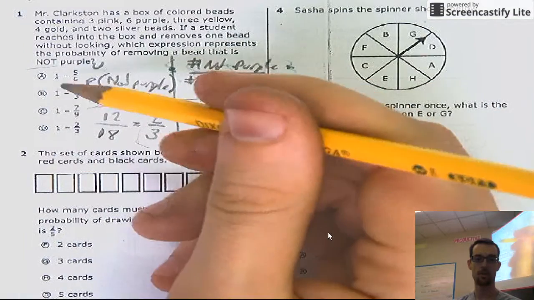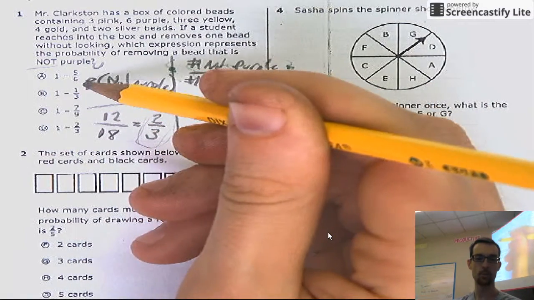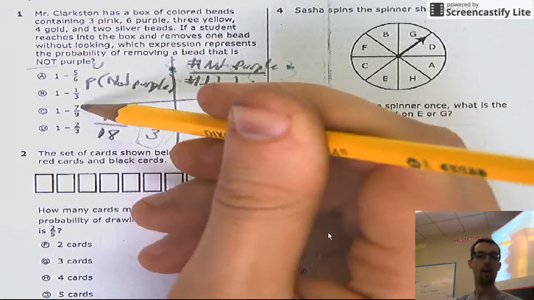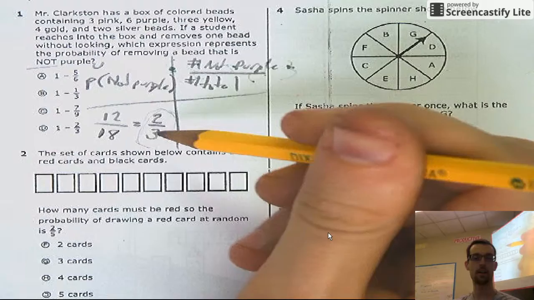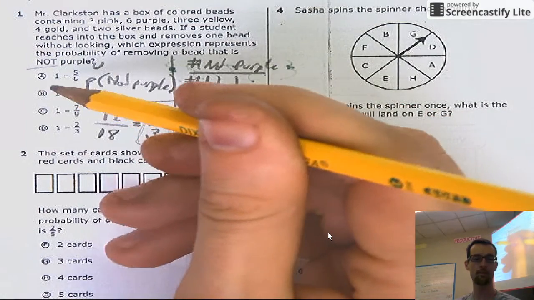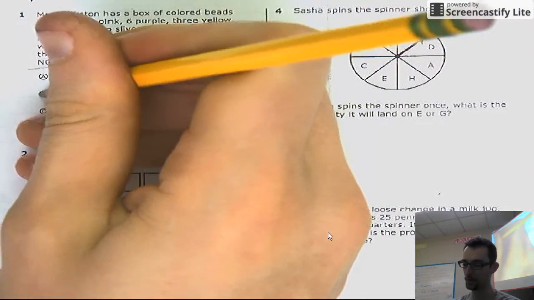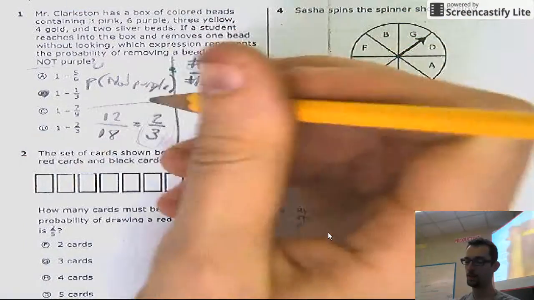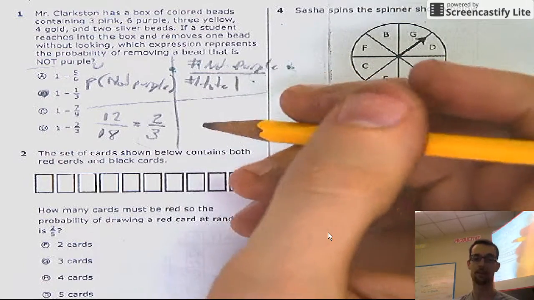So is 1 minus 5/6 equal to 2/3? Is 1 minus 1/3 equal to 2/3? Well, the one that's going to be 2/3 is 1 minus 1/3. If you have $1 and you lose 1/3 of it, that's kind of a dumb example, you have 2/3 left.